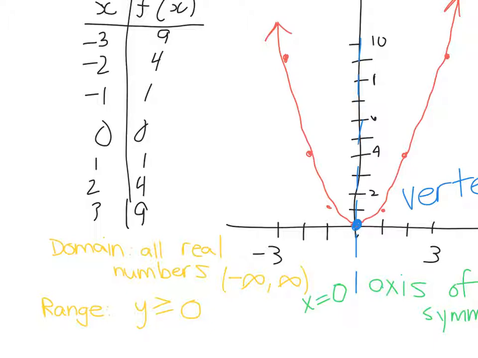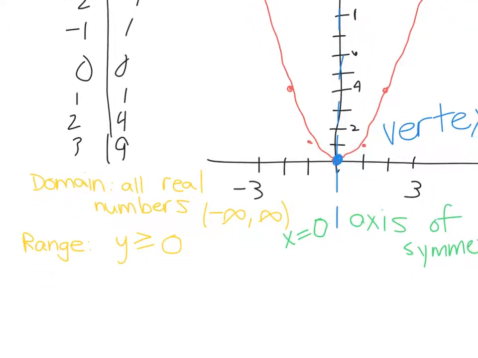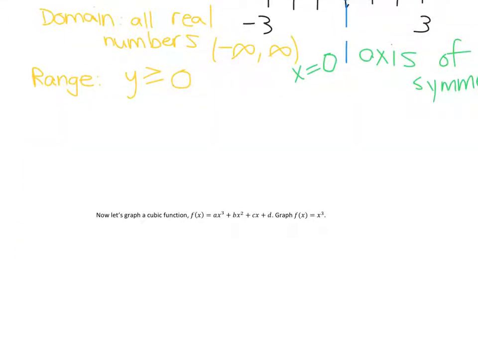Okay, and then final thing, I'm going to talk about the vertex. One more thing about the vertex is we had a parabola that looked like a cup. So it was facing up, a happy face, and sometimes our parabolas can face down. They can be a sad face. So if we remember that the vertex is at this point, sometimes the vertex is the minimum value on our function.